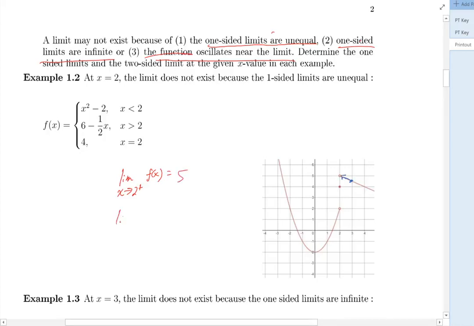Good. And if I approach 2 from the left, the y value is getting arbitrarily close, as x approaches 2, to 2.